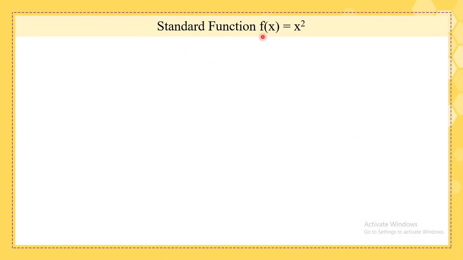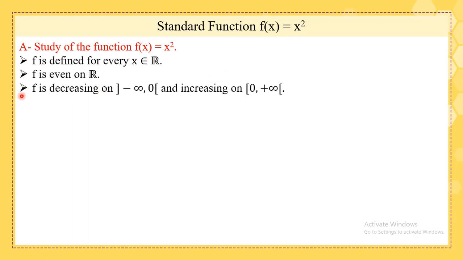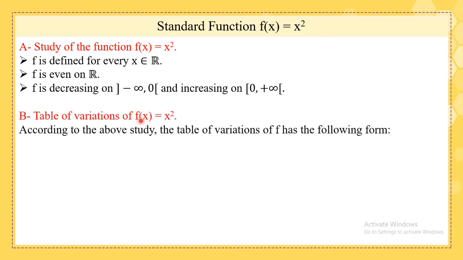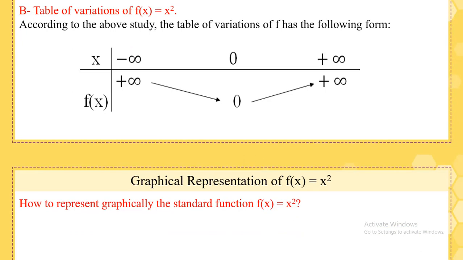The standard function f of x equals x squared. This function is defined on R, and it's even on R. f is decreasing on minus infinity, 0 and increasing on 0, plus infinity. So to draw the table of variations of x squared, from minus infinity to 0, f is decreasing, and from 0 to plus infinity, f is increasing.